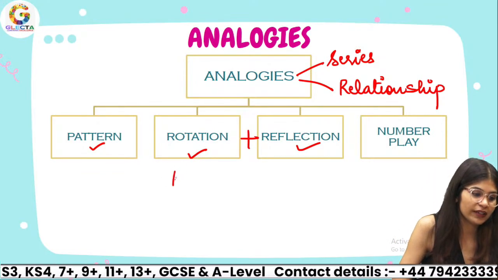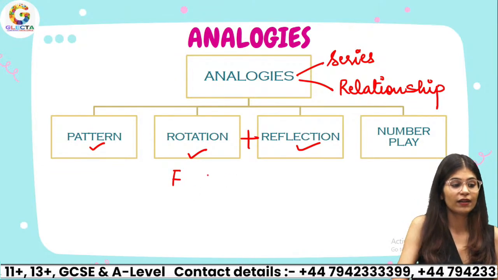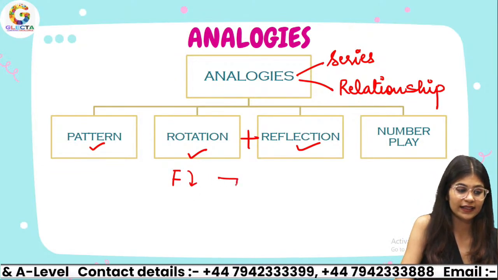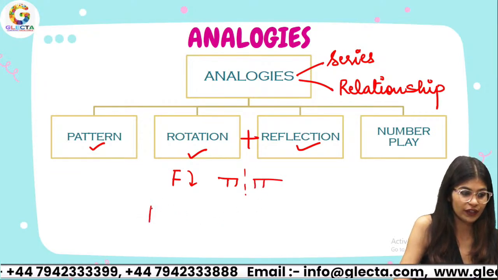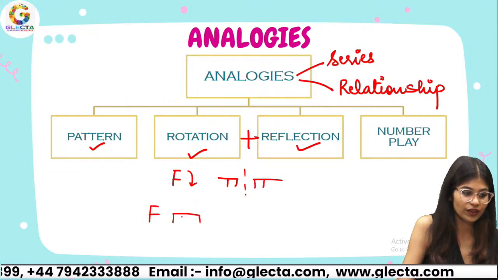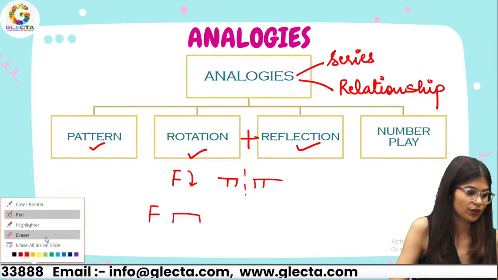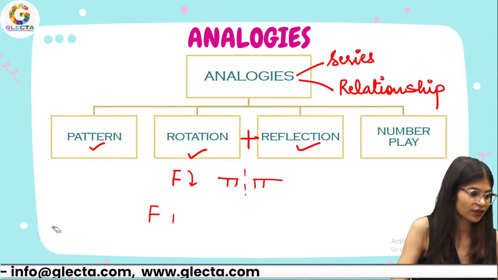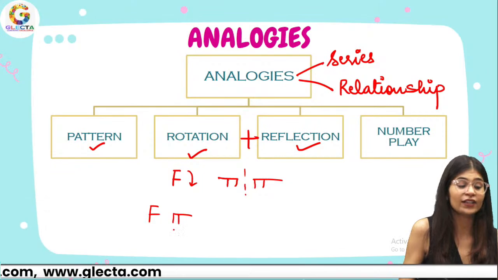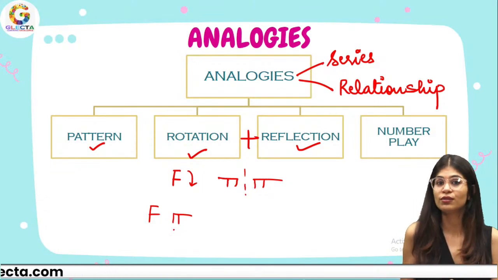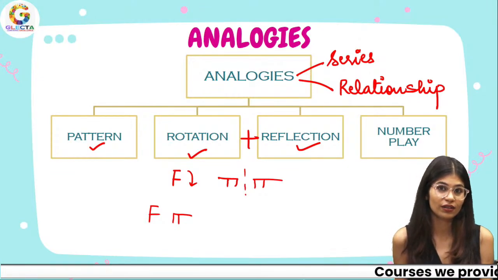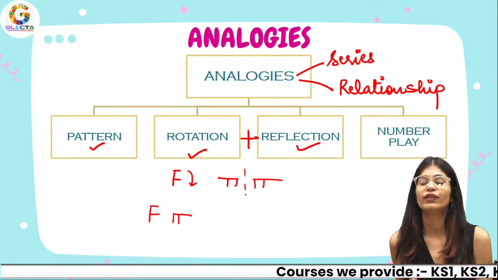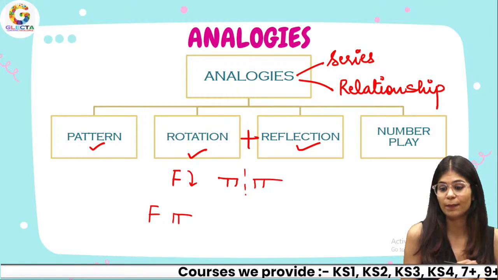So for example, if it's F, first it would be rotated like this, and then it would be reflected like this. So a figure goes from this to this, and you get confused. So don't get confused. Try to actually understand the reflection. So rotate and reflect. Sometimes it may actually be there.